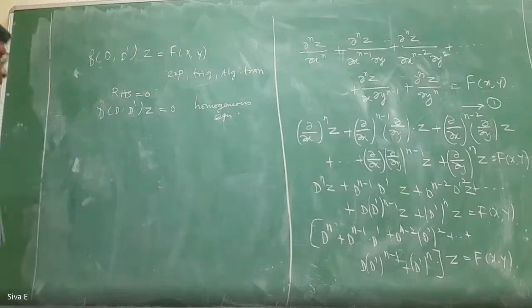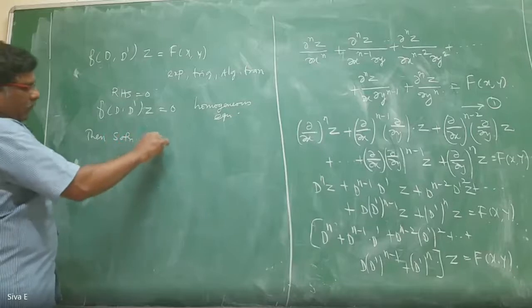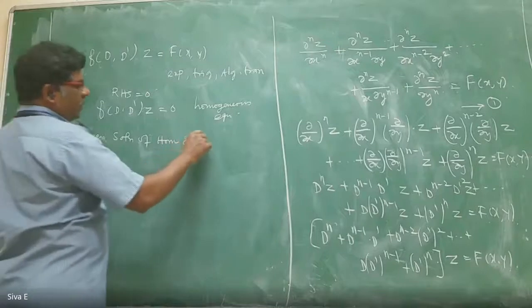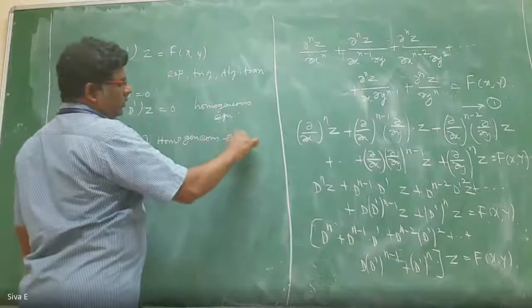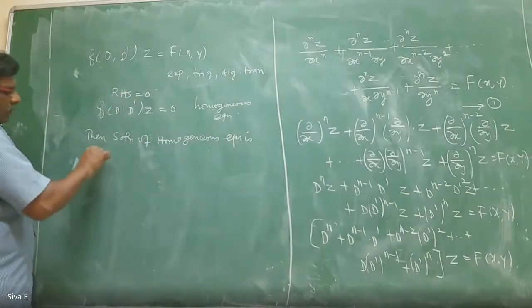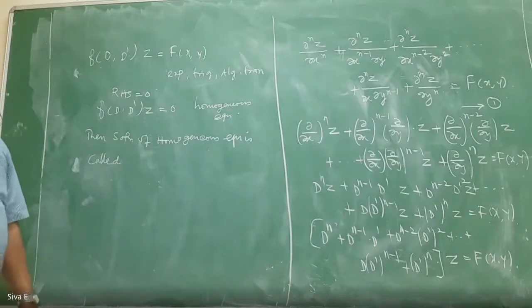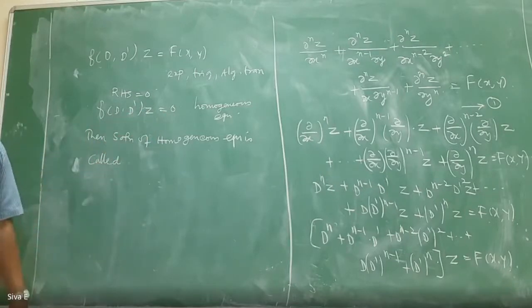Then the solution of homogeneous equation is called, anybody? The solution of homogeneous equation, if the right hand side equal to 0, then what is that? Can you tell me the answer?